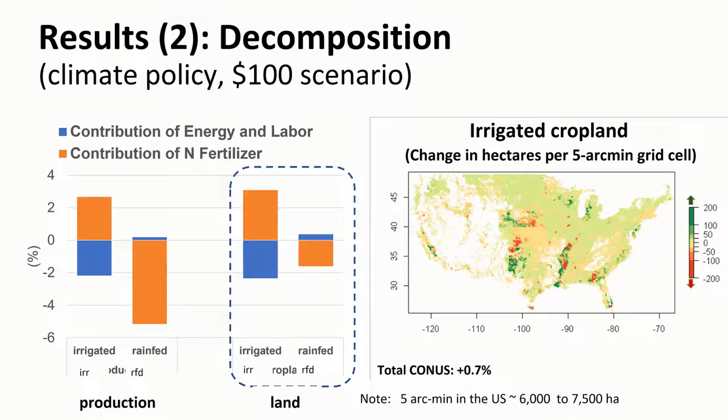At the gridded level, you can see hot spots where, for example, Kansas. We talked about Kansas being an area where they use a lot of natural gas. Natural gas prices are really high. You see a strong exit of irrigated cropland there. The energy prices dominate.